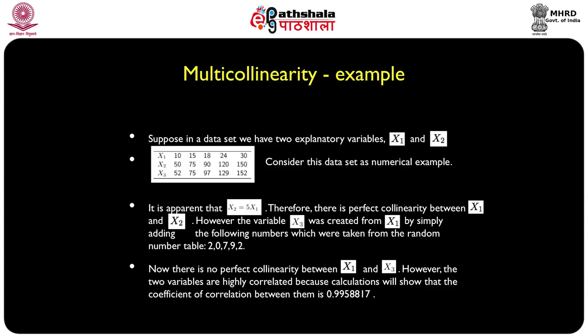For example, the first value of x3 is 5 times x1 plus 2, which gives us 52. The second value is 5 times x1, which is 15, plus 0. The third value is 5 times the value of x1 plus 7, and so on.